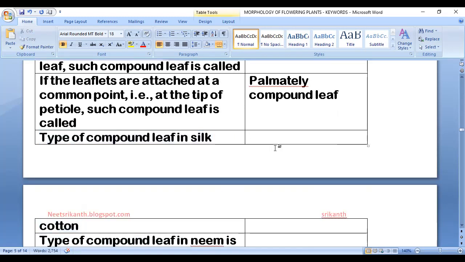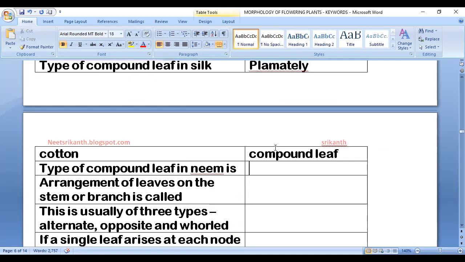The type of compound leaf in silk cotton is palmately compound. The type of compound leaf in neem is pinnately compound.